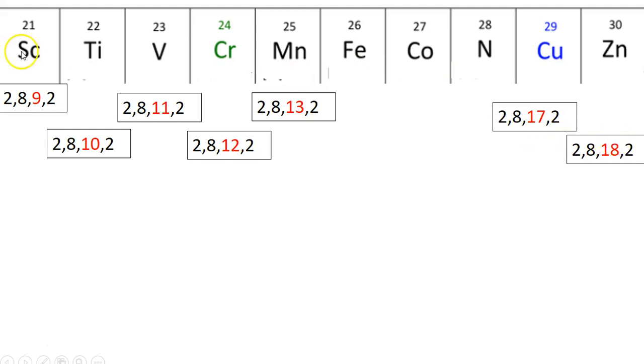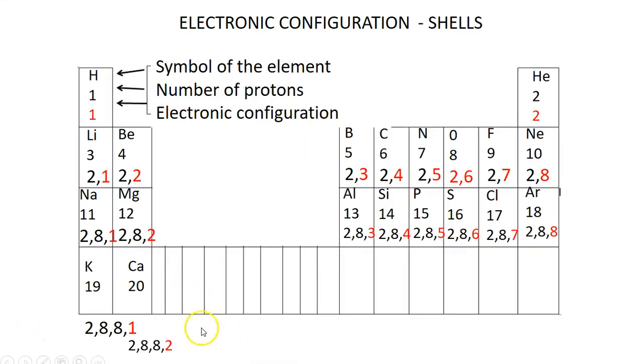Okay, so you can see that this entire block of transition metals, there's 10 across here. These 10 get added onto the 8 that we had originally here, and now that third shell is full. So now we've filled in this transition block of 10, which really should be up here because this is the third shell.